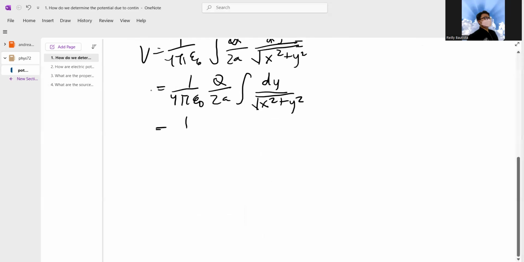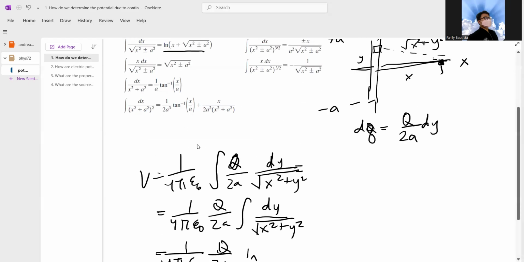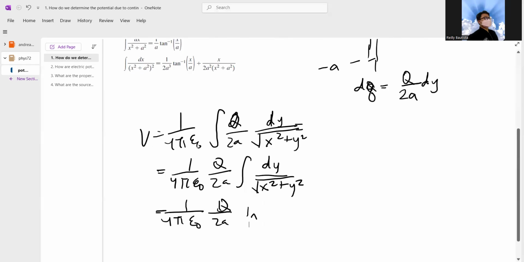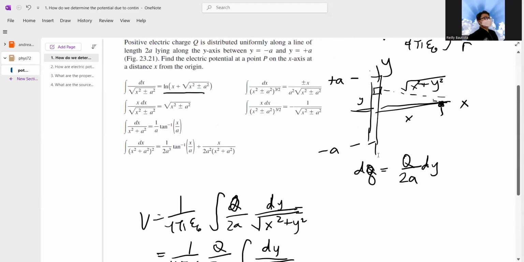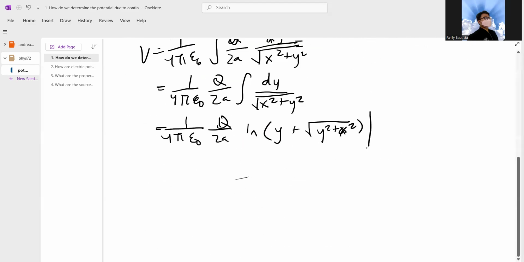So let's copy that: Q over 2a ln of y plus the square root of y squared plus x squared. The bounds here would be from negative a to a. So we have negative a to positive a.